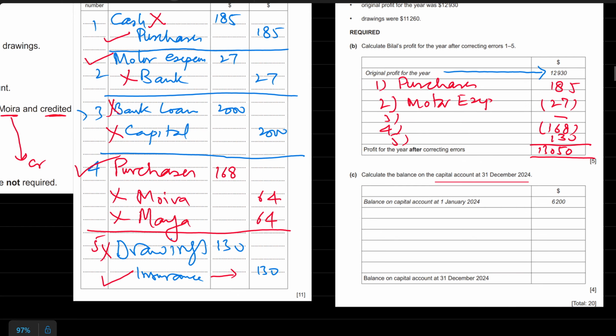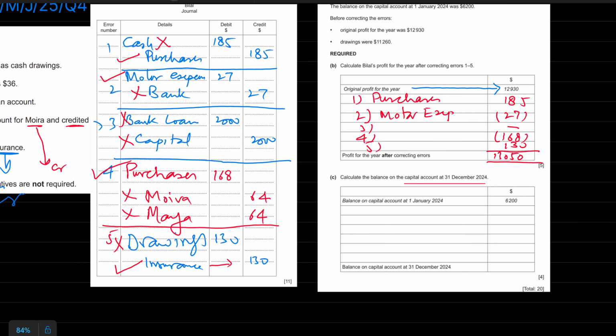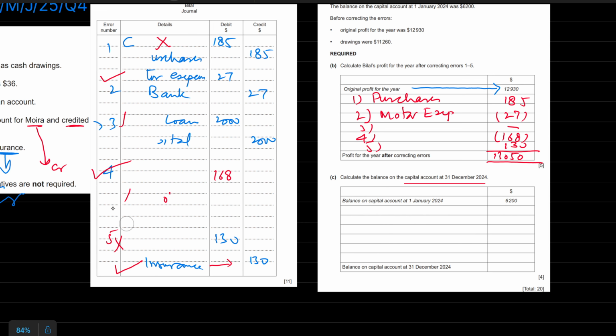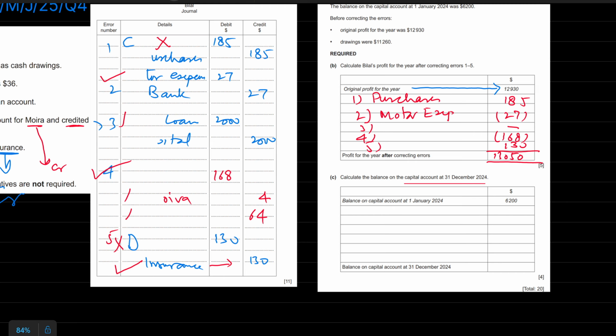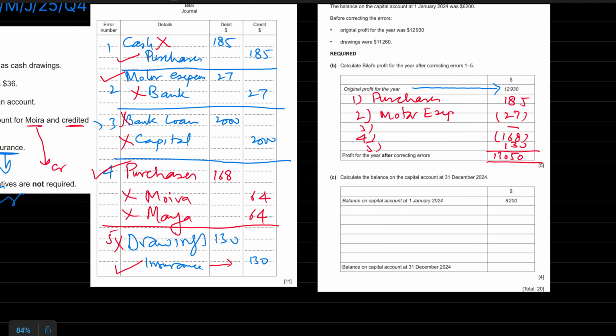Now in part C, we are asked to calculate the correct capital balance. But we have to see in correction which accounts relate to changes in capital. First of all, profit. Profit changes capital, so the corrected profit will be added, which we have calculated here, 13050.